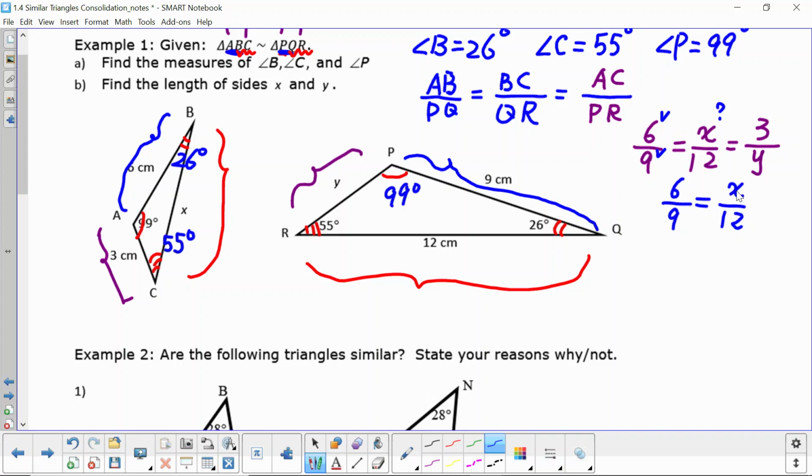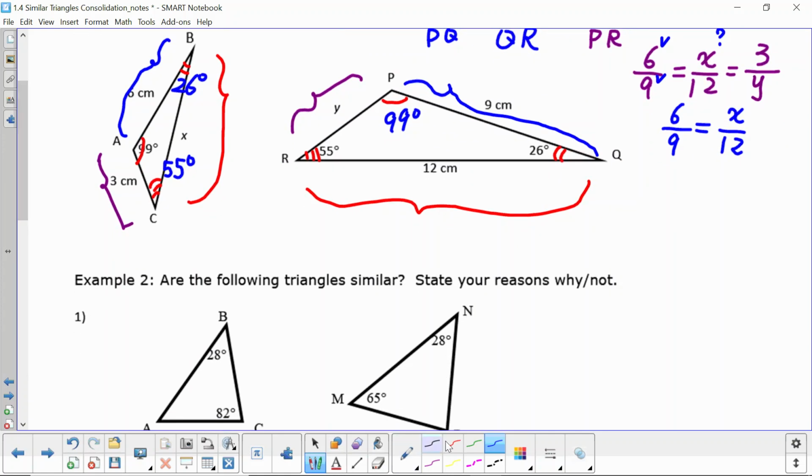In order to solve for x, which is in the numerator, you could just multiply by 12 on the other side. All I want to show you is that you can just use cross multiply all the time, because you have one fraction on one side and another fraction on the other side. I put the cross, and then the operation will be multiplication.